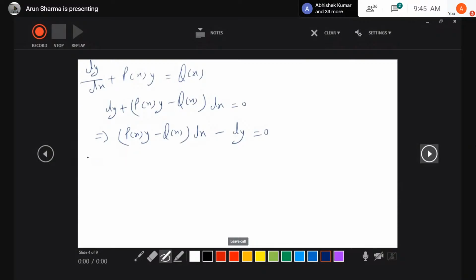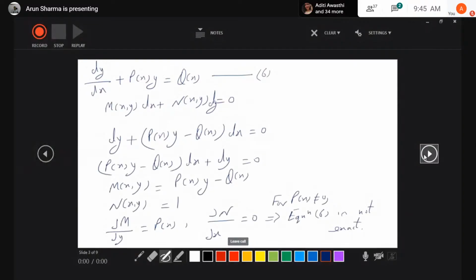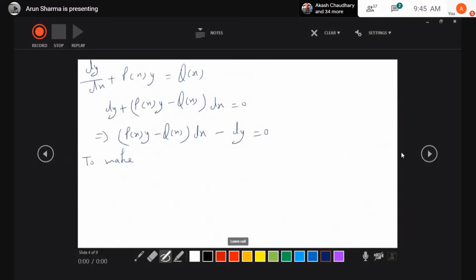So to make this equation exact, yes, this is equation number 6, so we'll have to write it as equation number 7. So to make equation 7 exact, sir, in equation 7, won't there be a plus in front of dy? Sorry, yes, this is plus. Yes.